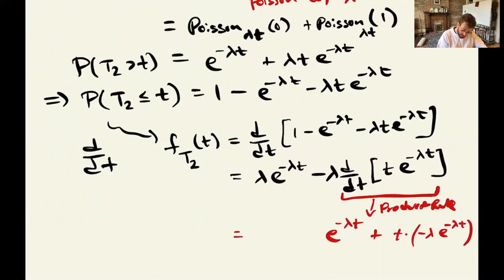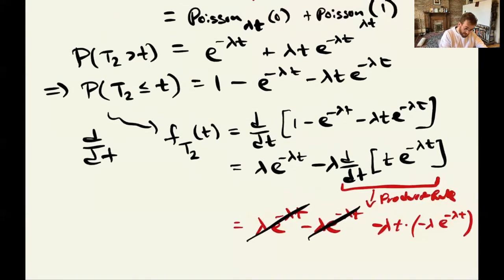And so when I combine this all together, I have a minus lambda here, and then I have also a minus, and I can see that actually this term is going to cancel.